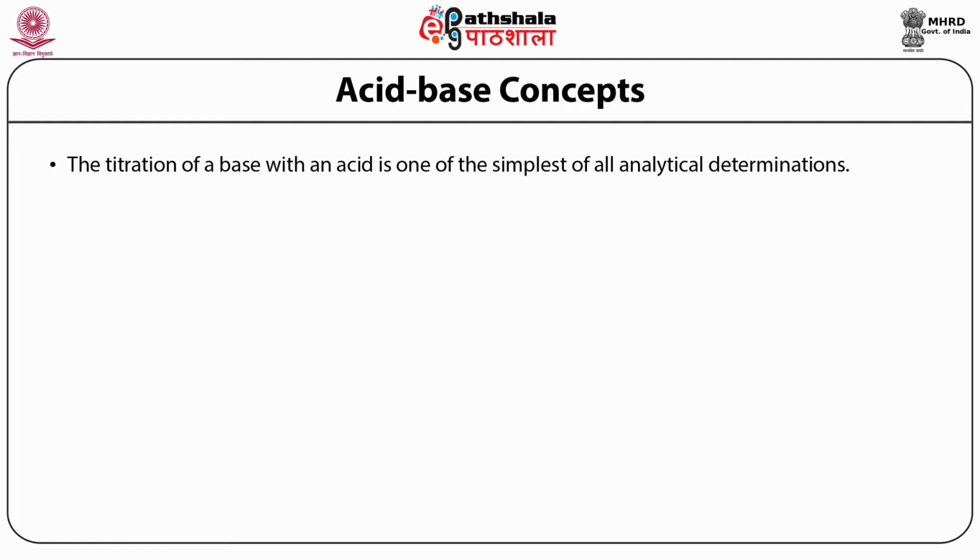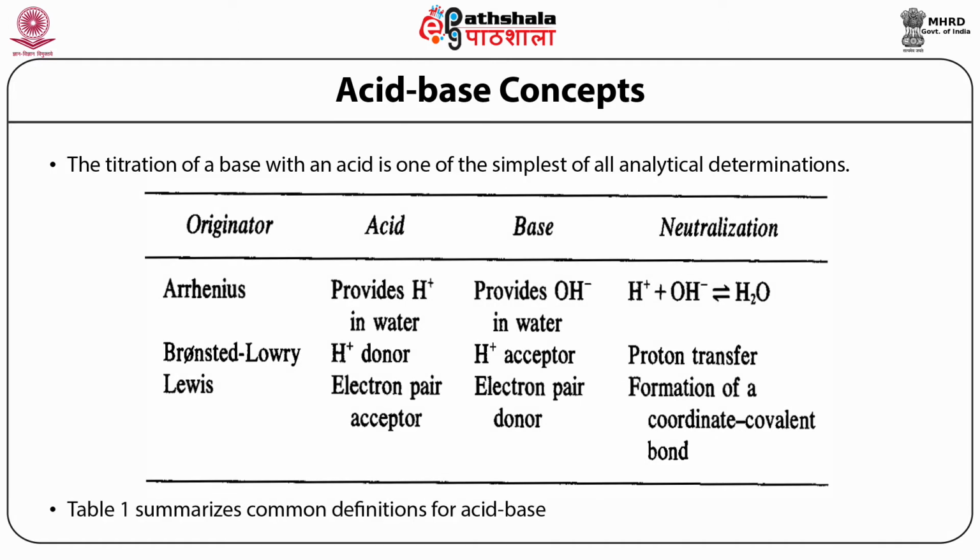It starts from class 9, how to titrate acid against bases, and in Table 1 common definitions for acid-base systems are given. Here the definitions of acid-base neutralization given by Arrhenius, Bronsted, Lowry, and Lewis are summarized in Table 1.